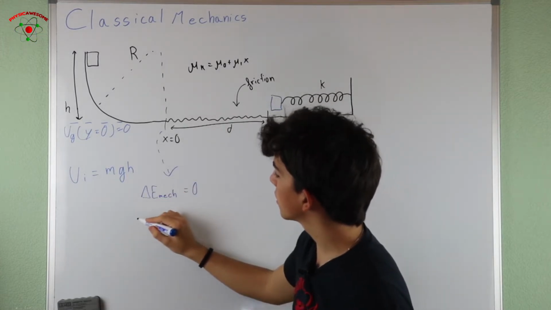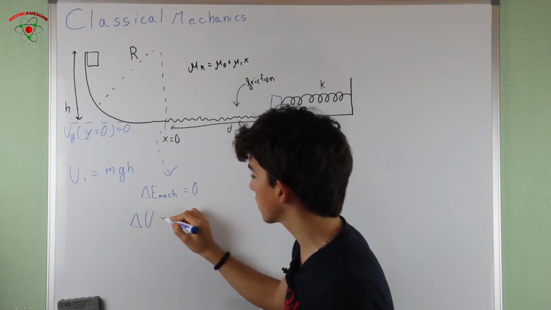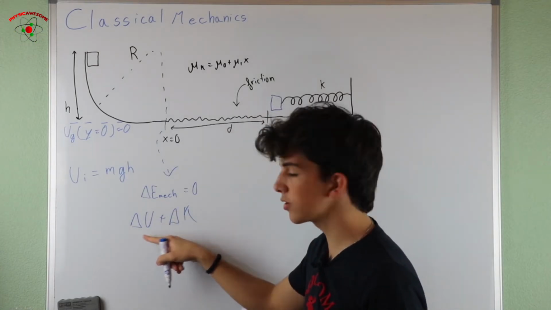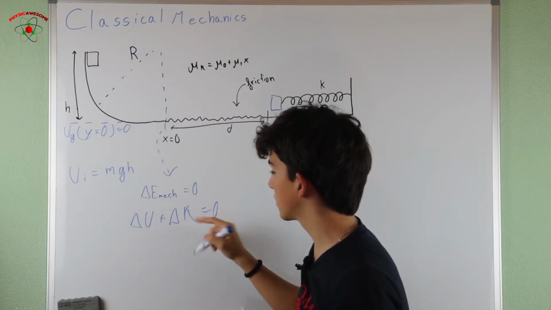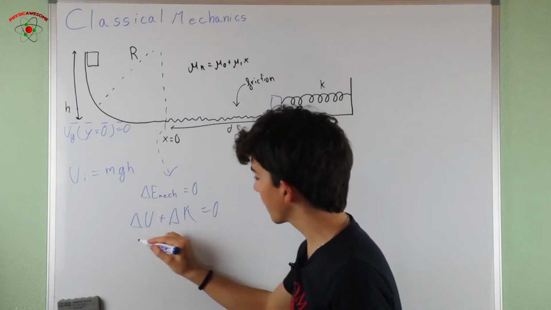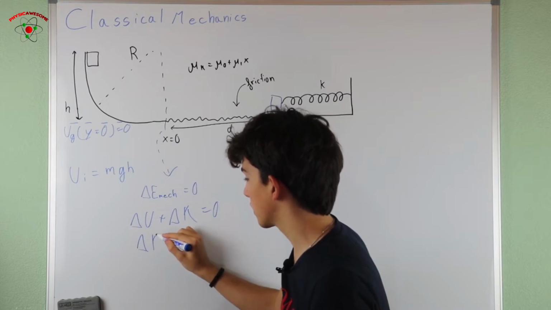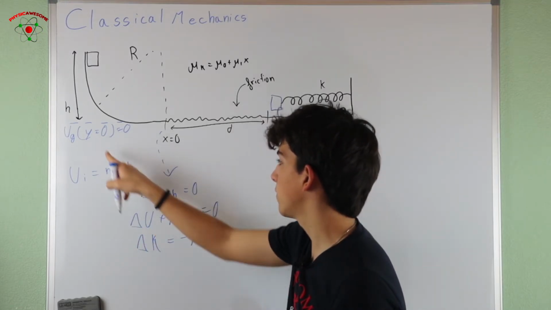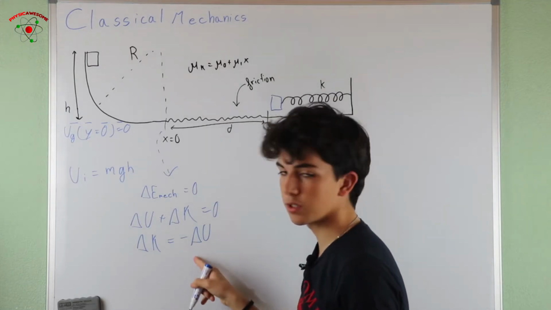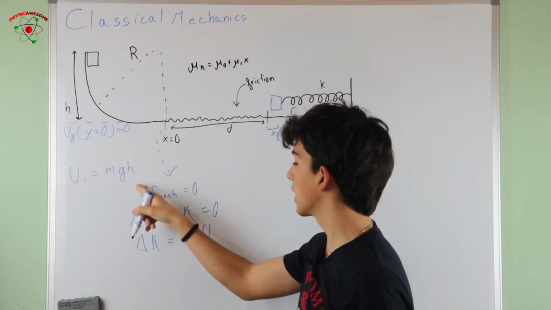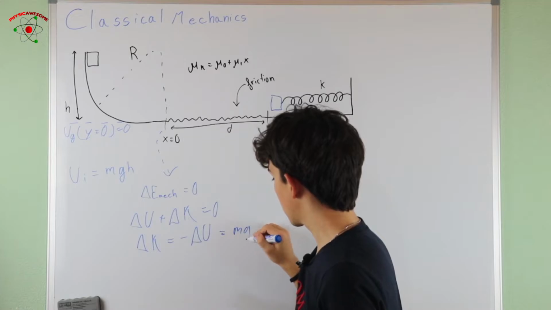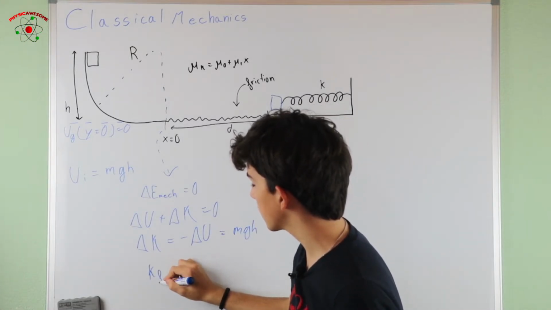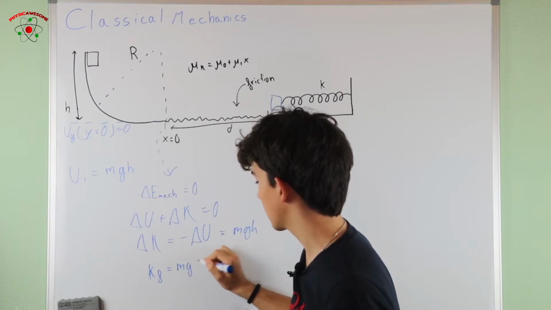Therefore, the change in potential energy plus the change in kinetic energy equals 0, and the change in kinetic energy equals minus the change in potential energy. We have lost all of this potential energy, so the change is minus mgh, and we had no initial kinetic energy, so the final kinetic energy equals mgh.